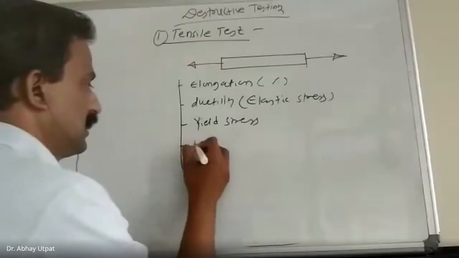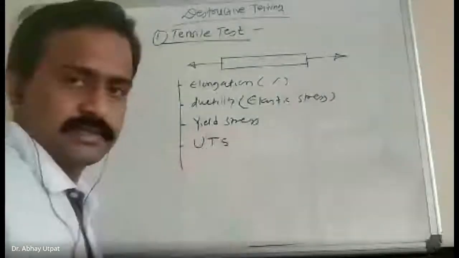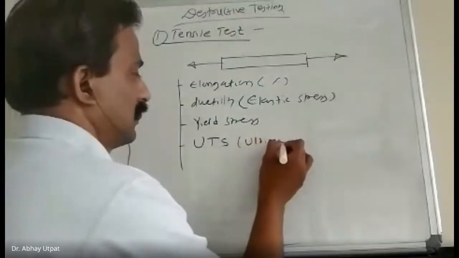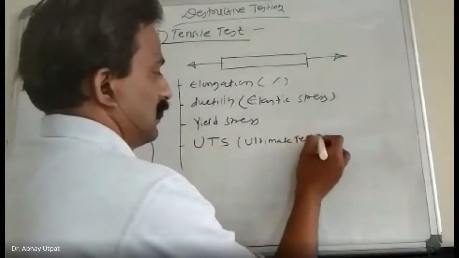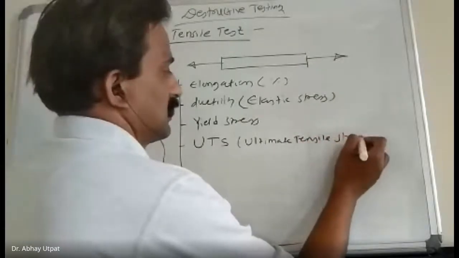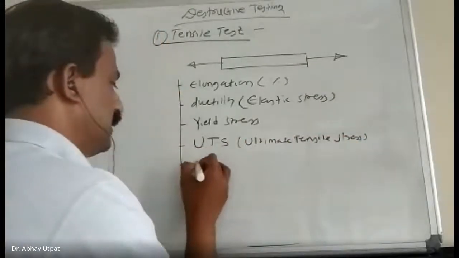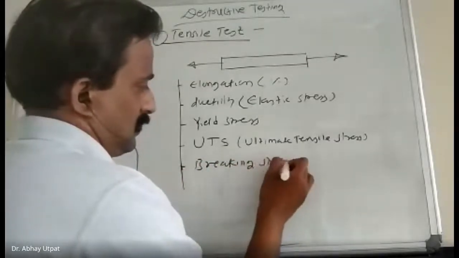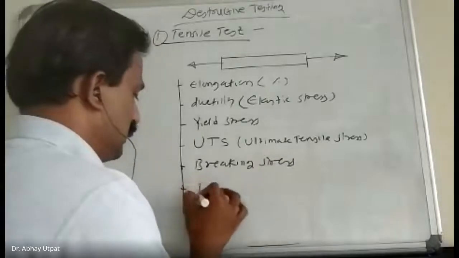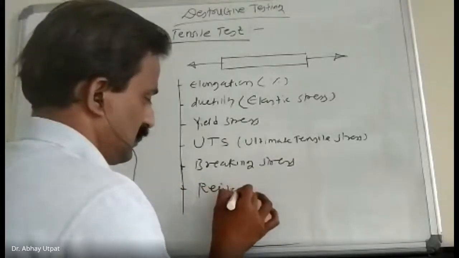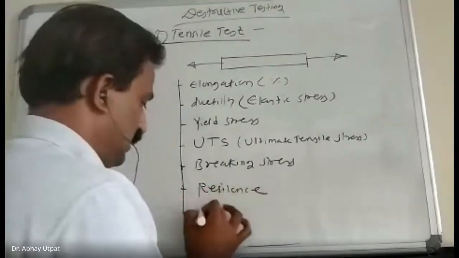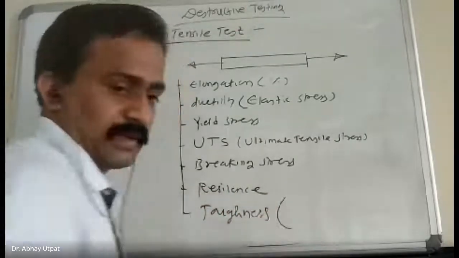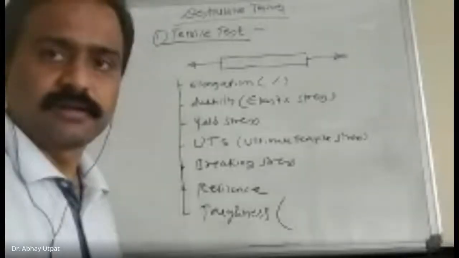Yield stress, UTS, long form is ultimate tensile stress. Then breaking stress, then resilience, then toughness, and in bracket you write true toughness.